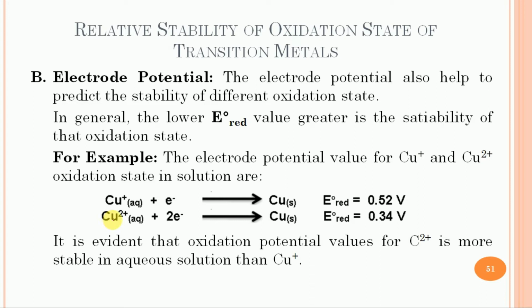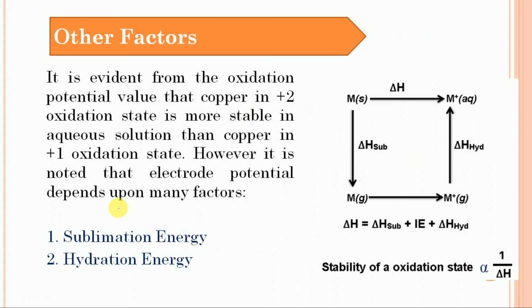However, it may be noted that electrode potential depends upon many factors such as sublimation energy and hydration energy. So let us consider the process shown by this flow chart. In the first step, the atoms get isolated from one another and become independent in the gaseous state, and the solid changes into gaseous atoms.